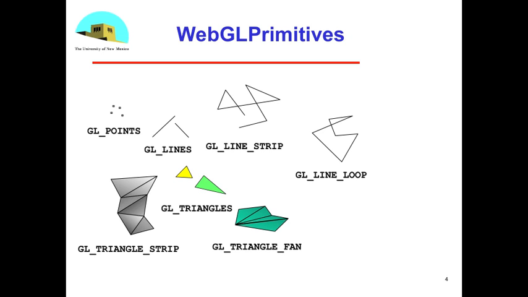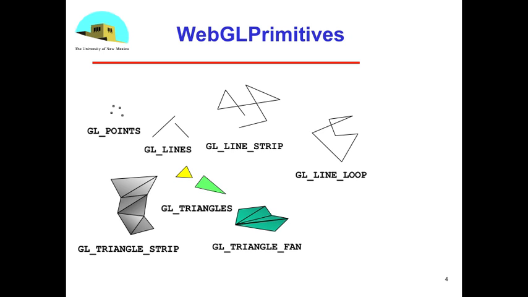If we want to connect those line segments, then we can use GL_LINE_STRIP, which will connect the first to the second to the third, and so on until it gets to the end. If we want to connect the last one back to the first, then we use GL_LINE_LOOP in drawArrays. And those are the basic point and line types.